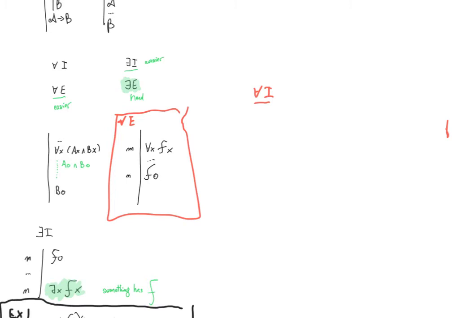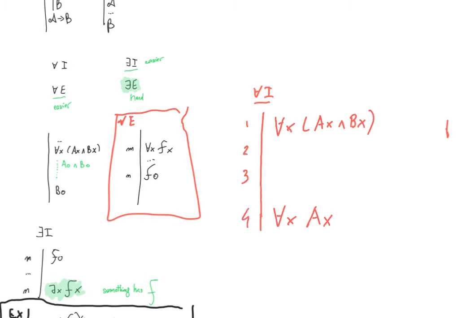For instance, you might say, I want to prove that for all x, A(x) and B(x) entails for all x, A(x). If everybody is American and a basketball player, then everybody is American. I want to be able to prove this. How would you prove this? Well, here's the idea of the universal introduction rule.